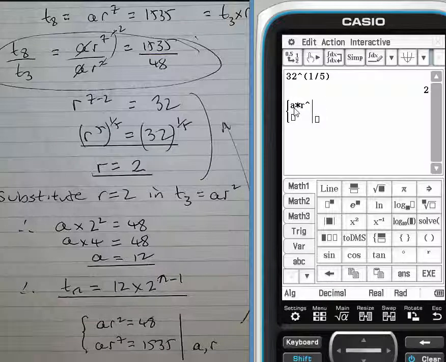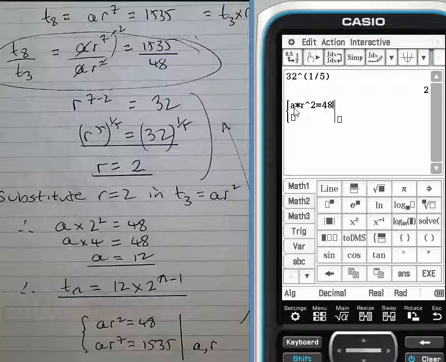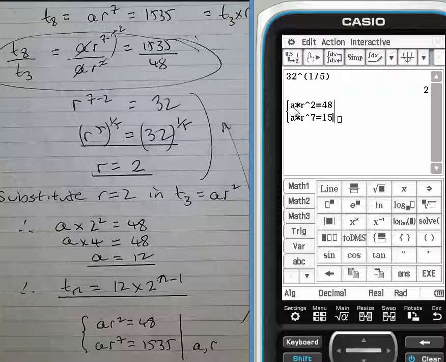So a times r squared is equal to 48, and a times r to the power of 7, sorry, is equal to 1536, and I'm solving for a comma r.